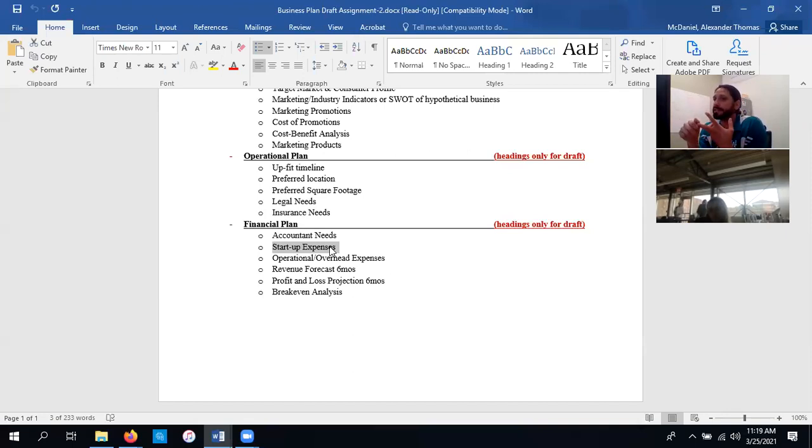You want to have an example of a startup expense, and this is usually like a one-time budget deal. So a startup expense of all admin equipment. You're going to need to buy computers. You're going to need to buy point of sale software. So give a couple examples of those. A desk, a chair. You're going to need to buy lockers. Give examples of how much lockers cost.